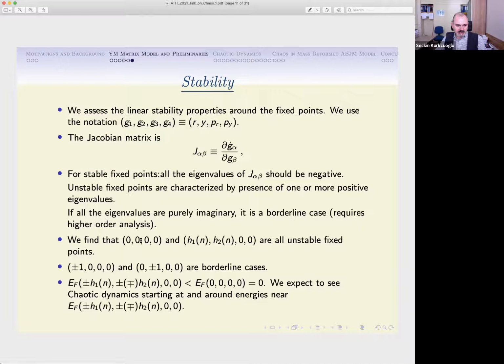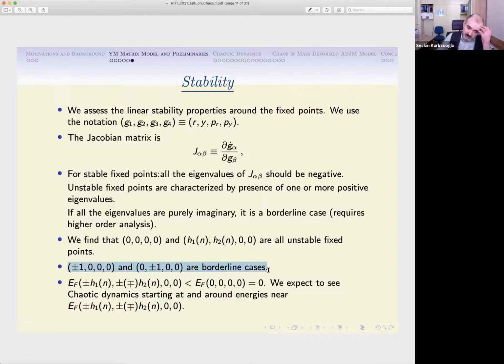We find that this point where all the phase space variables are equal to 0, and these points, there are 4 such points in the phase space. You can put plus minus in front of each h that you like, but it will be sufficient to just consider one of these. These are unstable fixed points. There are borderline cases, which we don't bother with because the numerical analysis doesn't seem to depend on the stability of these borderline cases at all.